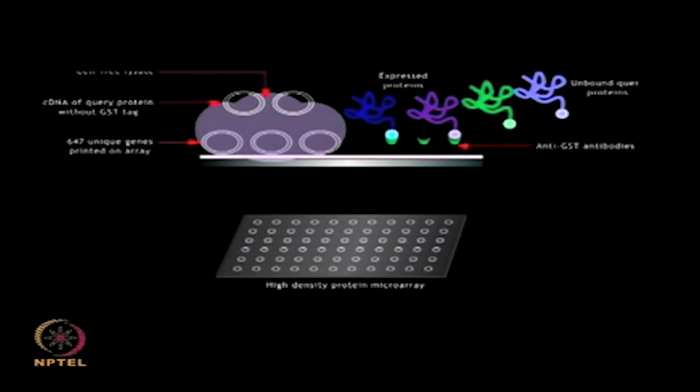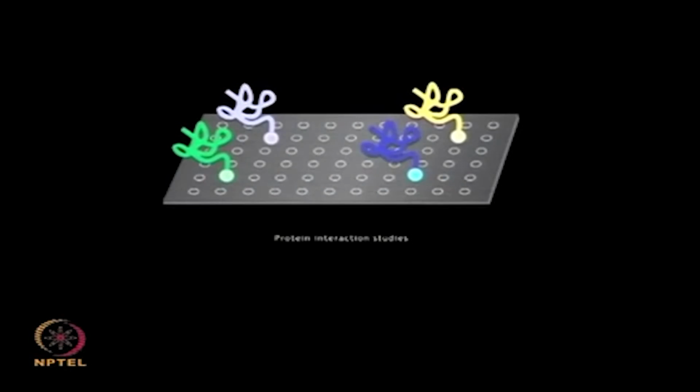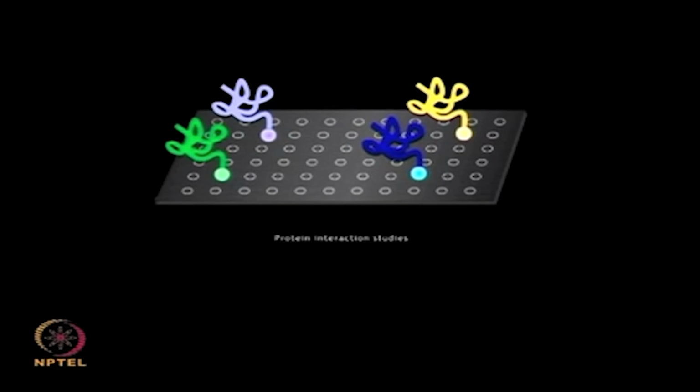After addition of the cell-free expression based system, proteins containing a GST tag were synthesized and bound onto the capture antibody. cDNA of the query protein was also added to the same mixture such that the query was co-expressed but remained unbound due to the lack of a tag capturing agent.